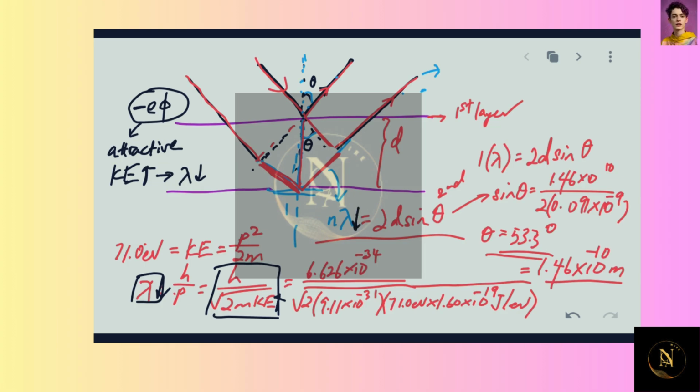And with a reduction in the wavelength in this formula, keeping all the rest the same, our theta will definitely decrease, since sine theta will drop. Therefore, we expect that the angle will be smaller.